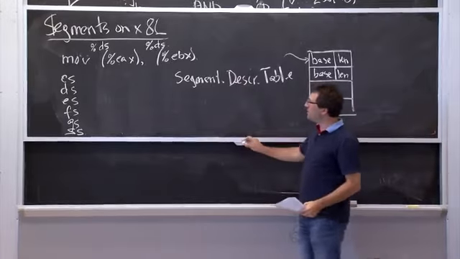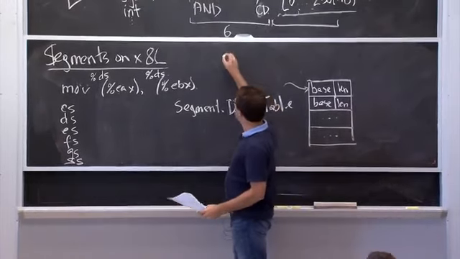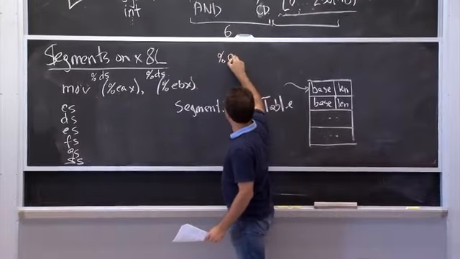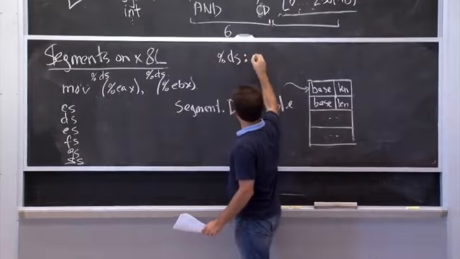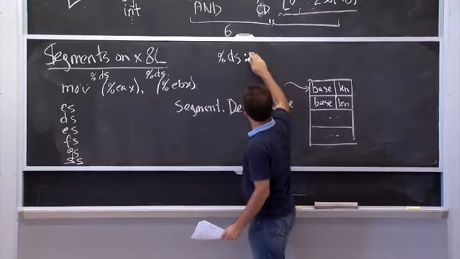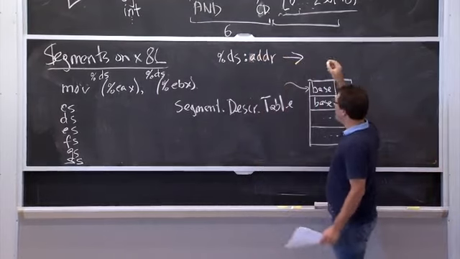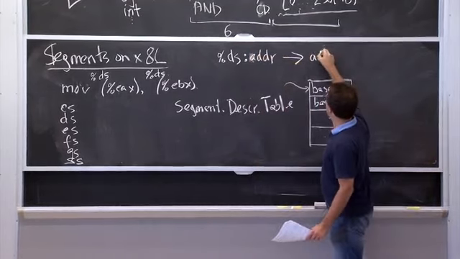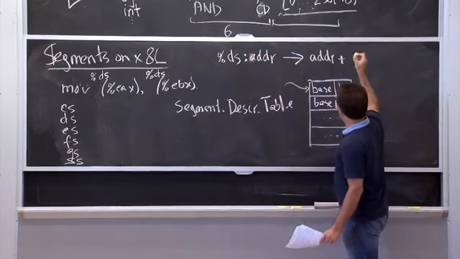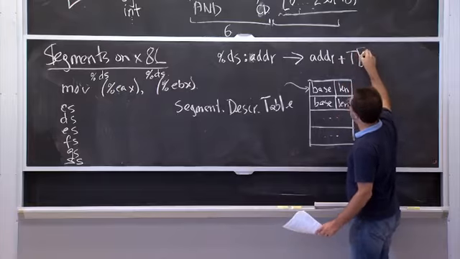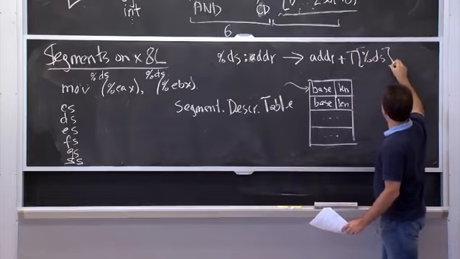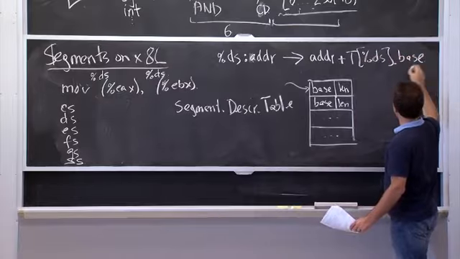Because what happens is, if you access some address at some selector, say DS colon some offset, what the hardware will actually do is translate it: it'll take this address and add the table's ds.base to it.